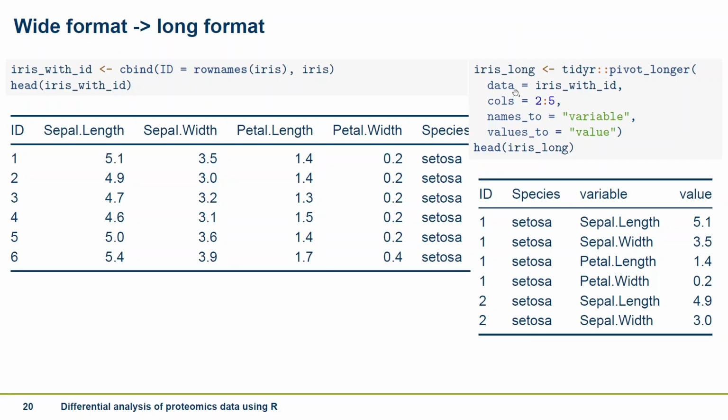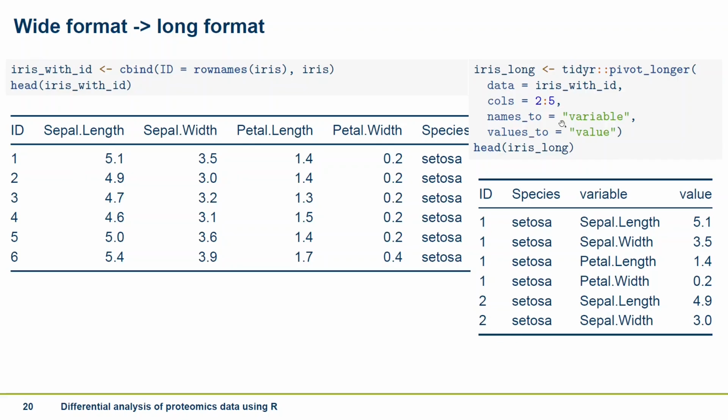You give it the data set, you specify which columns you want to transform into the long format, in this case the second column to the fifth column, so everything with numbers. And then you have to specify how to call the two newly created columns. In this case here, names2 defines the column name for these column names, and values2 refers to the column name which will receive all these numbers here in the table.